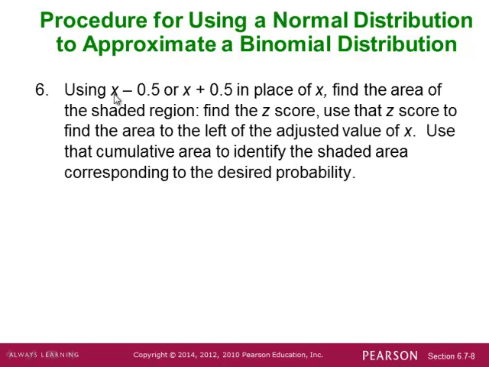Finally, using either x minus 0.5 or x plus 0.5 in place of x, find the area of the shaded region. Find the z-score associated with x minus 0.5 or x plus 0.5. And then if it's area to the left, then you know what to do. Just look up that area or calculate it on your graphing calculator. If it's area to the right, then find the area to the left and subtract from 1.